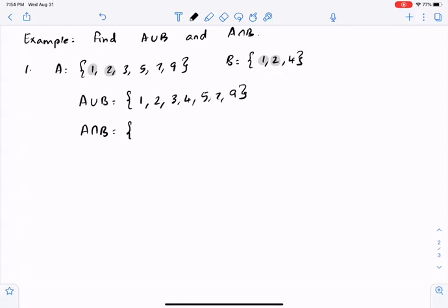If you look at the shading that I did, I shaded 1, which is common to both A and B. The elements that are common to both A and B are 1 and 2. So I'll put 1 and I would have 2. So A intersect B, which contains all the elements that are common to both A and B, has the elements 1 and 2.